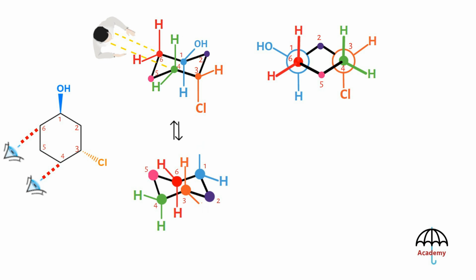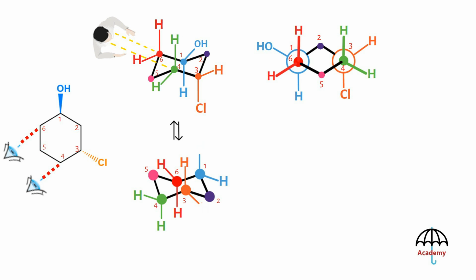Likewise, C2, C4 and C6, which were up in previous chair are now down in new chair. Moreover, groups axial in previous chair are now equatorial and those equatorial in previous chair are now axial. But, groups up in previous chair remain up in new flipped chair. And groups down in previous chair remain down in new flipped chair.